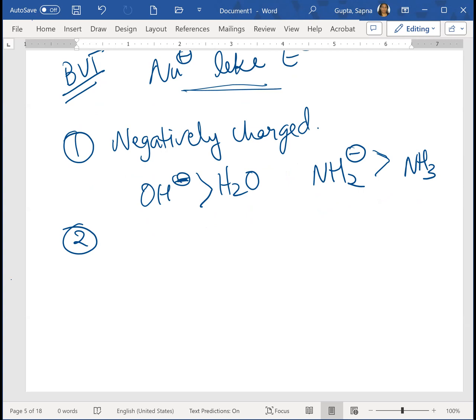Then there is a size factor also: large size. The more electron density there is, the better it is. Remember that. We've talked about this back in bases also, but here it matters a lot. For example, SH minus versus OH minus.